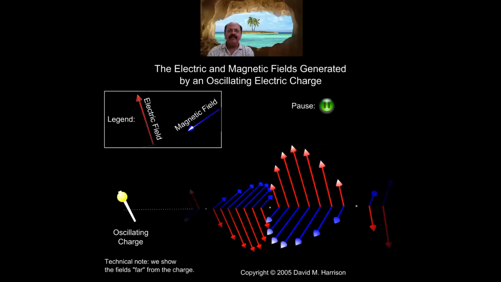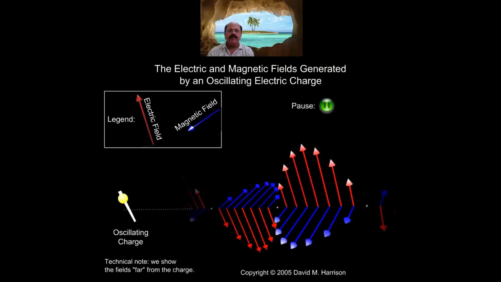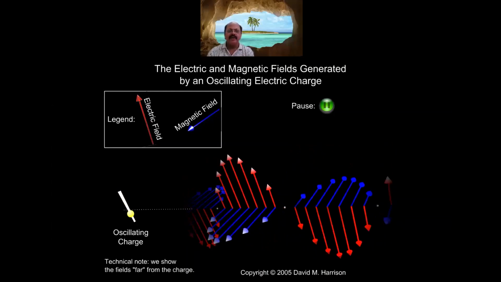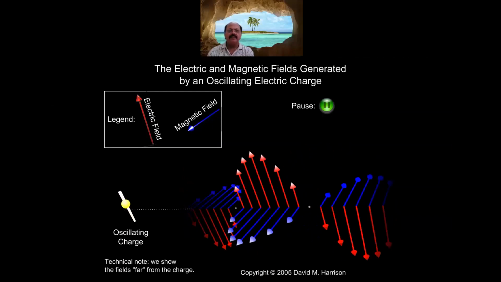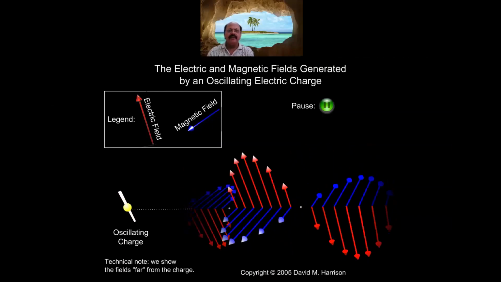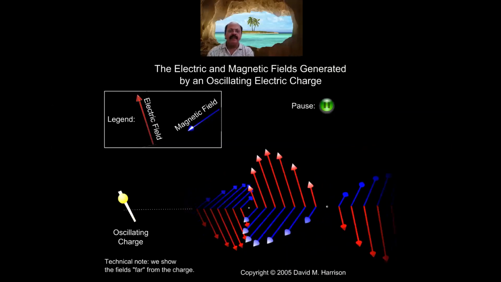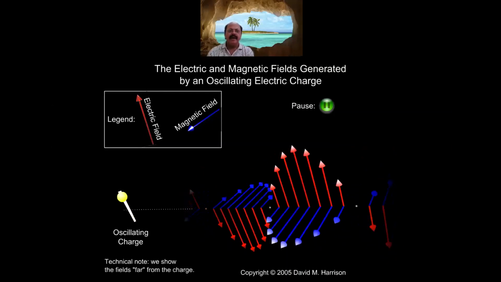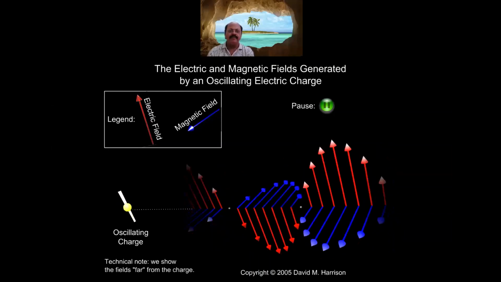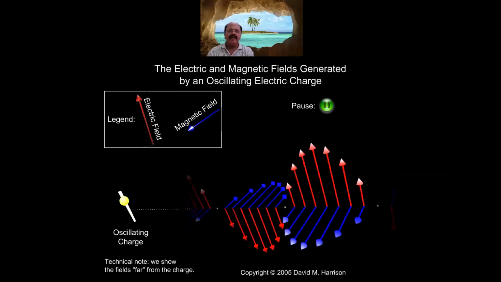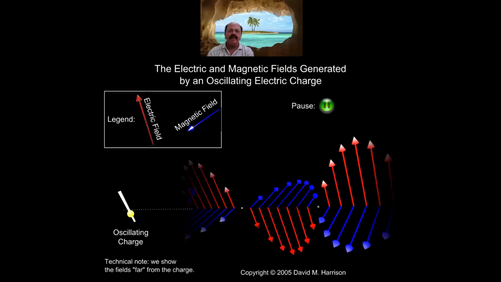In that way we can say that electromagnetic waves are a sinusoidal variation in which electric and magnetic fields are perpendicular to each other, as well as perpendicular to the direction of propagation of the wave, and that you can understand very clearly by this animation.